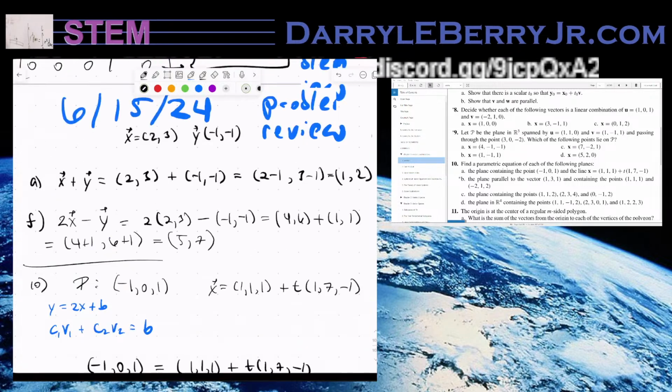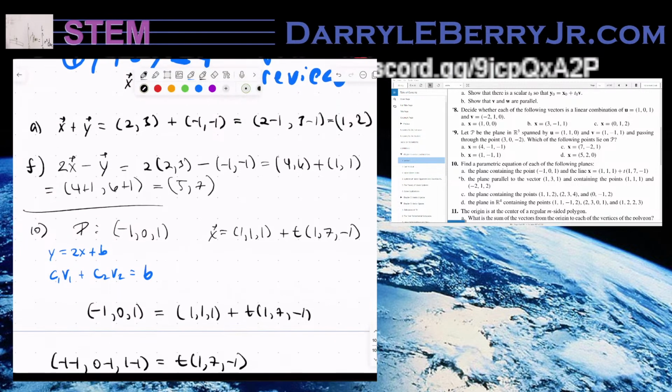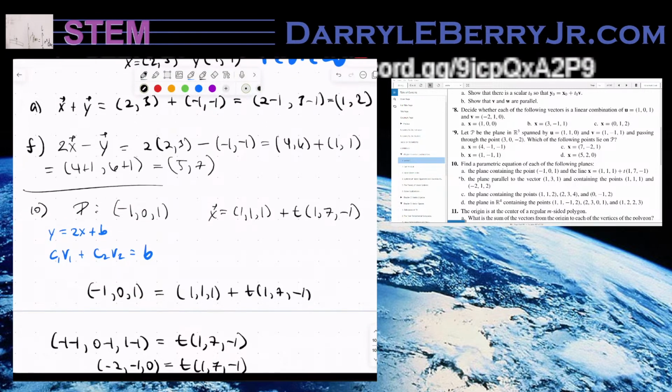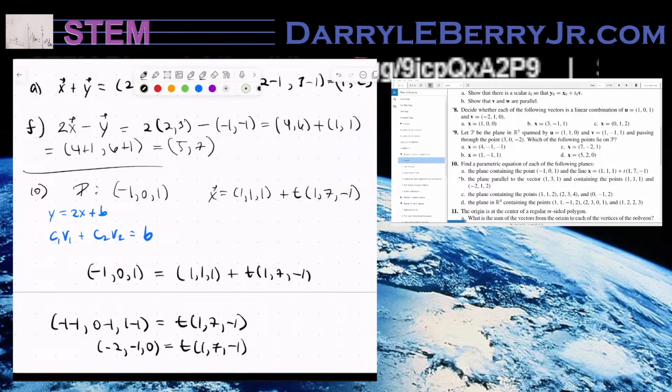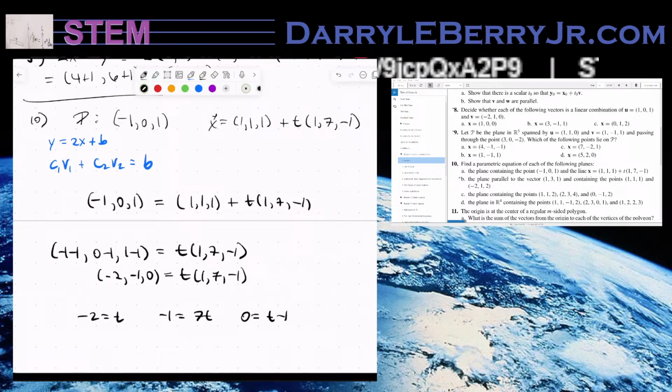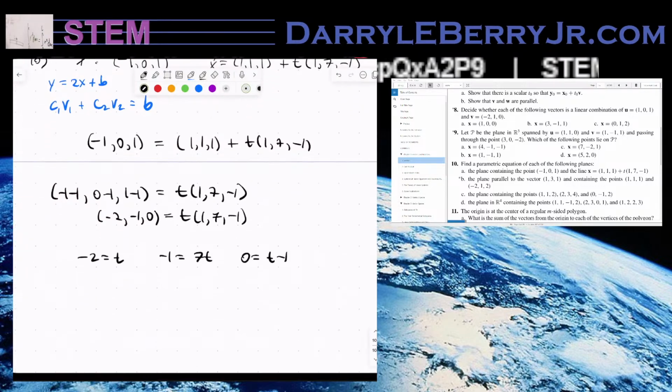That's why I thought I was doing a different problem. Let's see if we can figure this out, though. If that line is in the plane, there's some t that equals that point. Let's see which t can do that.